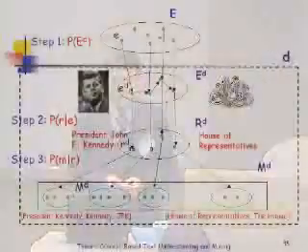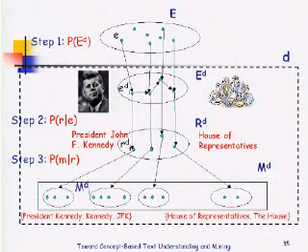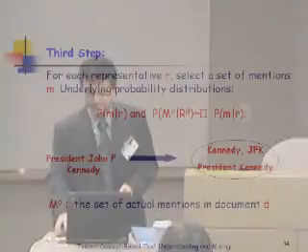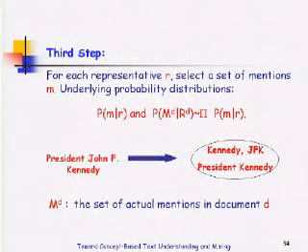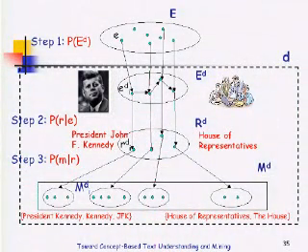And this is also done according to some underlying probability distribution. So what's the probability of choosing a mention given a representative? And after this step, I will get the set of actual mentions in a document D, which is MD. It's a set. So the lowercase m is the one single mention.